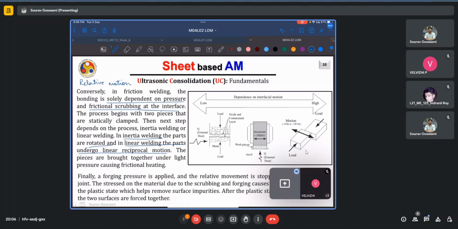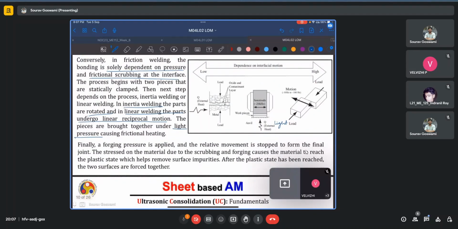And the amplitude of this reciprocal motion can be pretty large, far, far larger than the ones we have in this ultrasonic consolidation process. The pieces are brought together under light pressure, as opposed to the solid state diffusion process where the loads were very high, leading to very high pressures. Here, the loads are very light, and thus the pressure at the interface is also light, which causes frictional heating because of the relative motion or scrubbing of the surfaces.